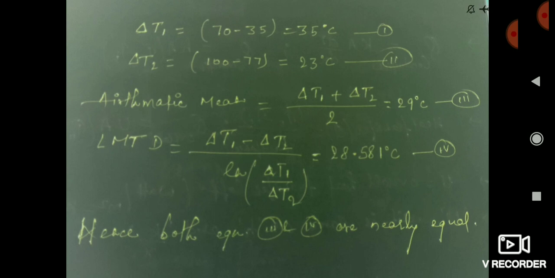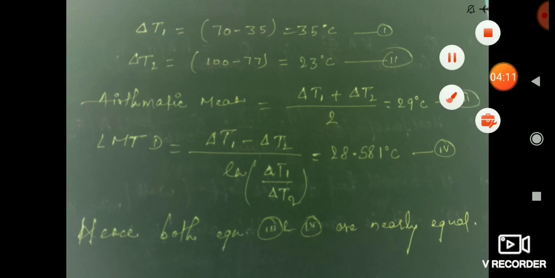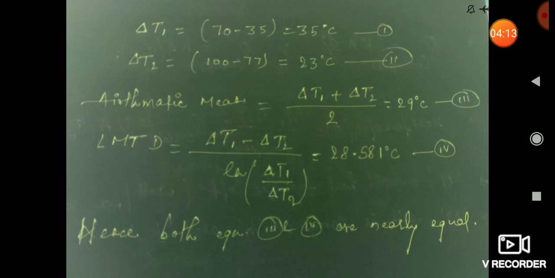You can get the delta T1 and delta T2 values as 35 and 23 degrees centigrade, and after that you should calculate the arithmetic mean, that is delta T1 plus delta T2 divided by 2, means here you can get the arithmetic mean is equal to 29 degrees centigrade.